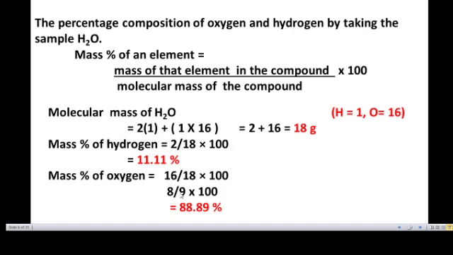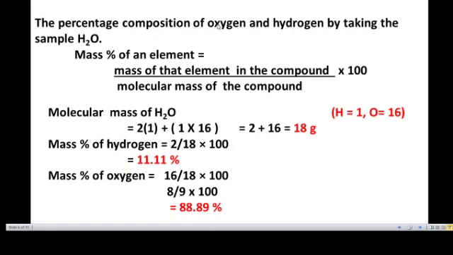In the simplest form, 8 by 9 into 100, so 800 by 9 is equal to 88.89 percent.